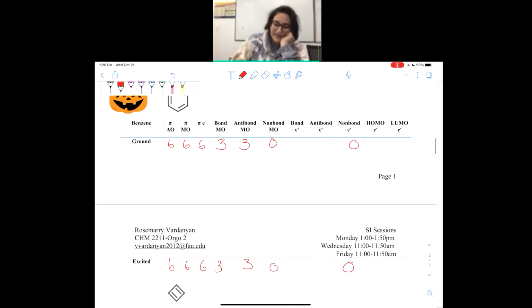So in the ground state, we had 6 bonding electrons and 0 antibonding. And in the HOMO, we had 2. In the LUMO, we had 0. And we know that in the excited state, we lose 1 bonding electron and gain 1 antibonding. So then we will end up with 1 in the HOMO and 1 in the LUMO.